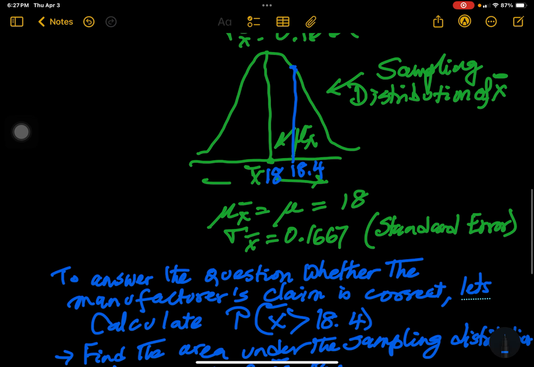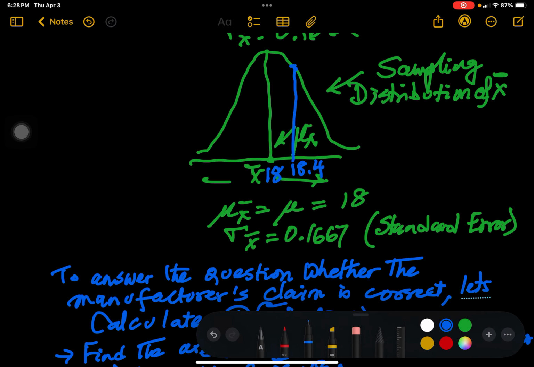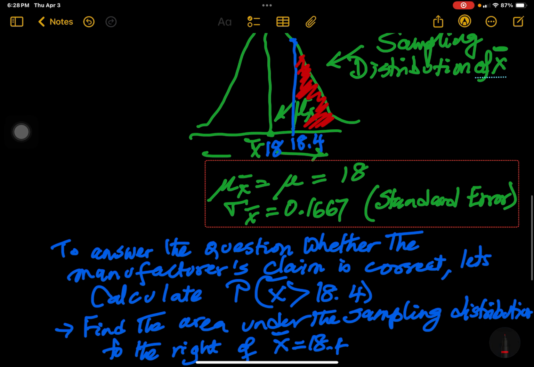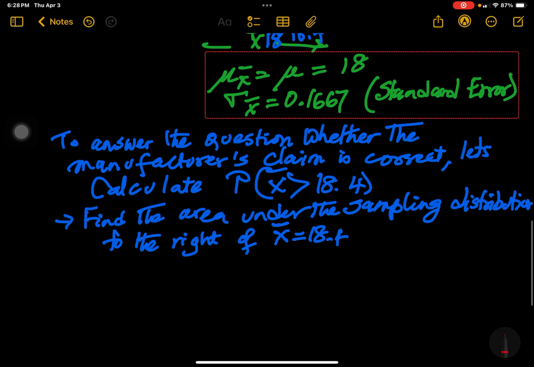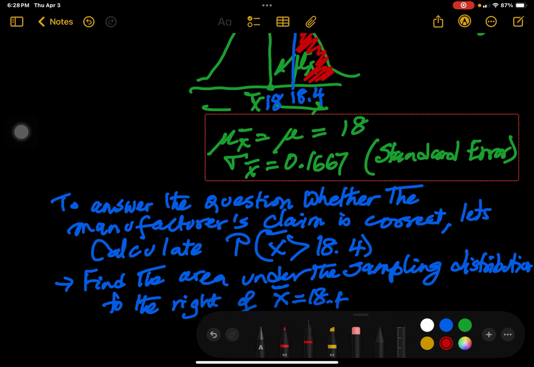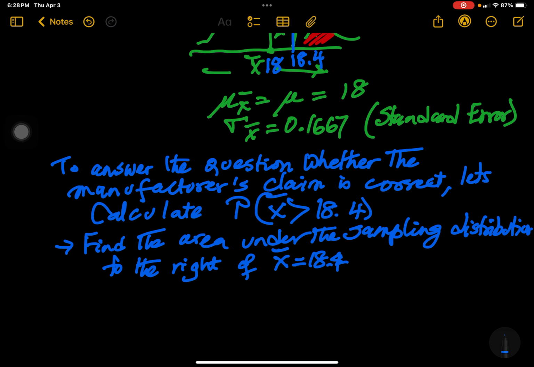So basically, if I change the color of the ink to red, this is the area I want to find out. What is the area to the right of 18.4 under the sampling distribution curve? So this can be easily done with our calculator. Let me change the ink back to blue. Remember this is 18.4.